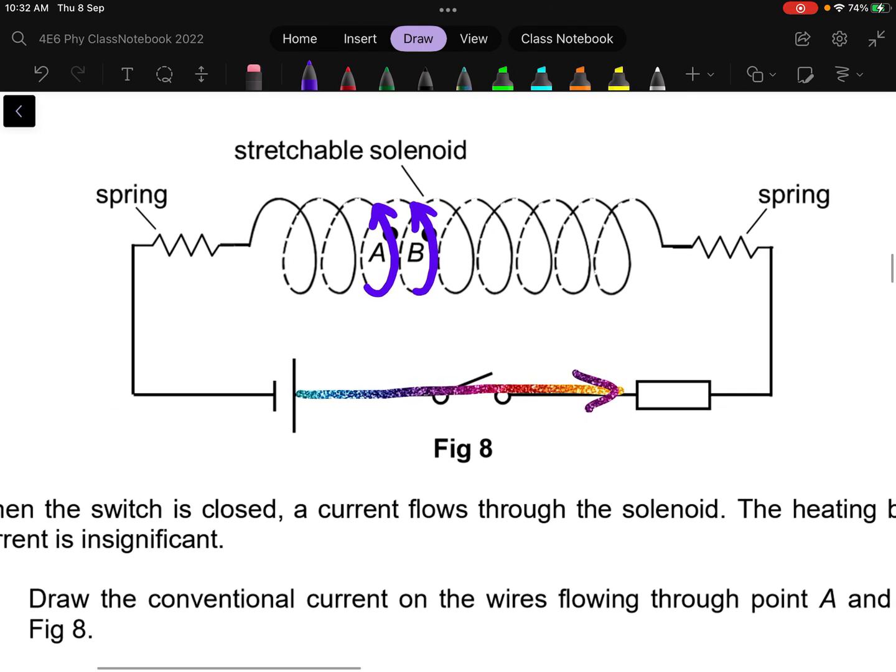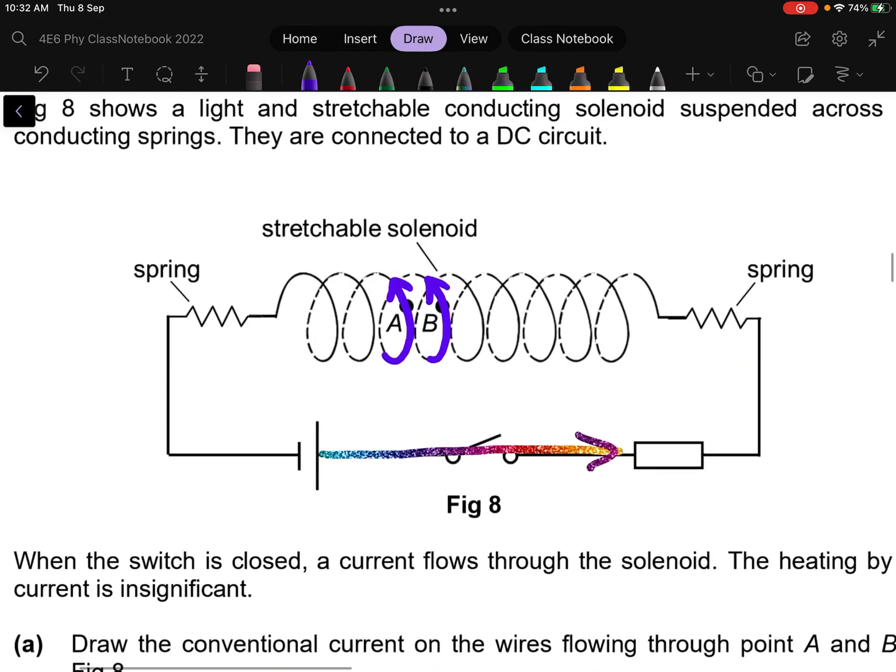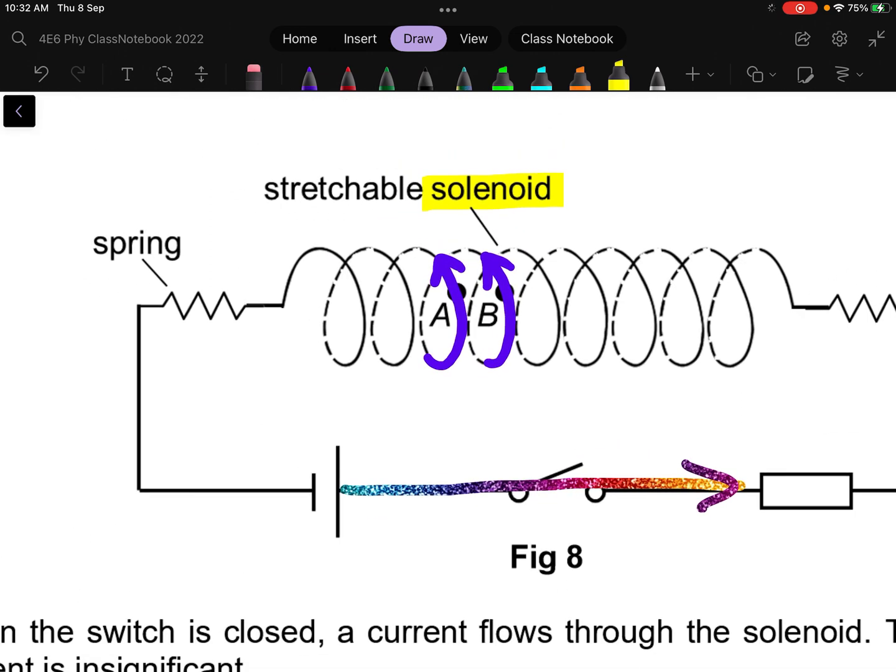So how do I figure out, for part B, whether this solenoid would contract or expand? Basically, what I'm trying to check is, do you notice that in part A, after you draw the conventional current, the current flowing through each of the coils is moving in the same direction?